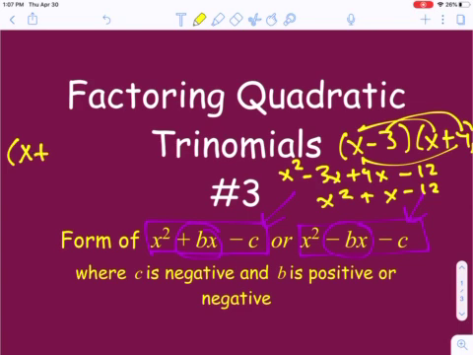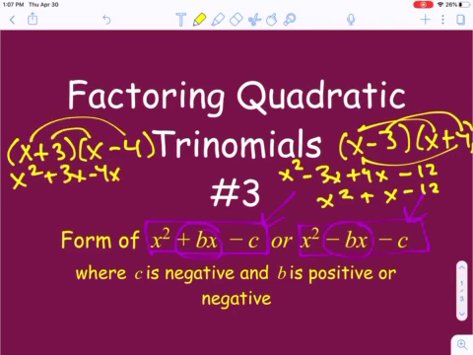Now, if I move the negative sign from the 3 over to the 4, I make the 3 positive, it gives me a slightly but still different answer. Plus 3x minus 4x this time, then minus 12. So my first term and my last term are the same, but then this gives me minus x, right?